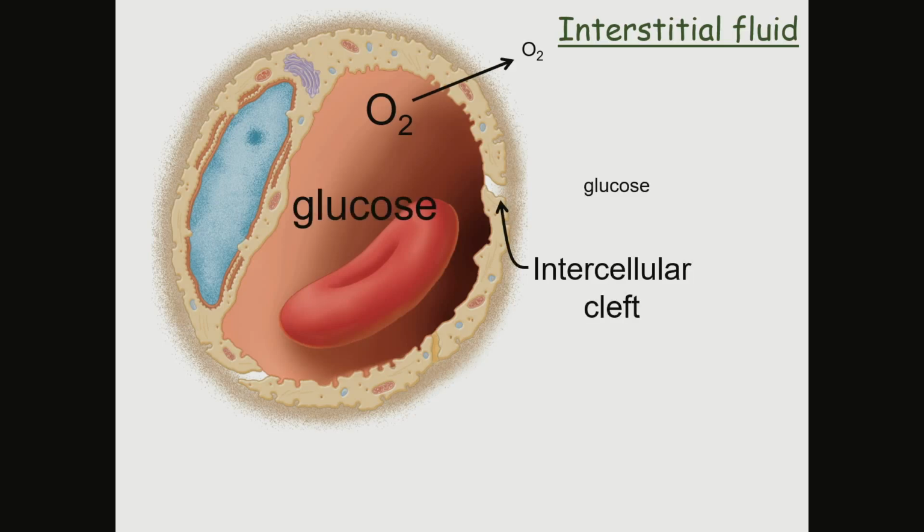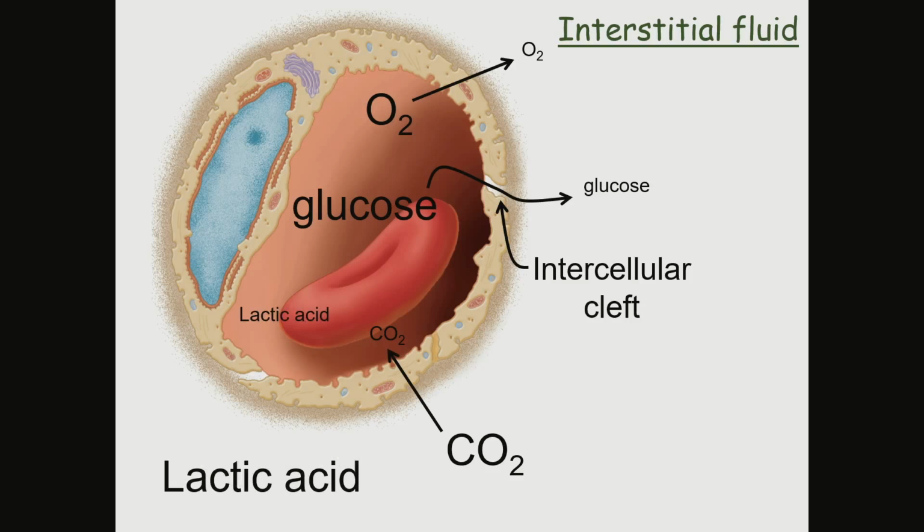Glucose has to go through that intercellular cleft. What about CO2? CO2 is lipid soluble. That would go across the cell, okay? Lactic acid, lipid or water soluble? It's an acid, so charged, water soluble. So that has to go through the intercellular cleft, okay?